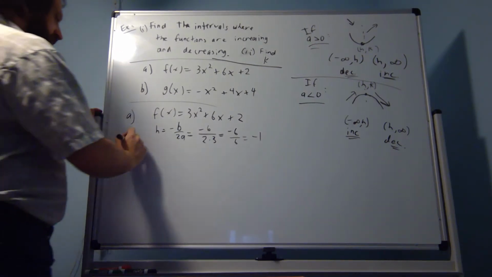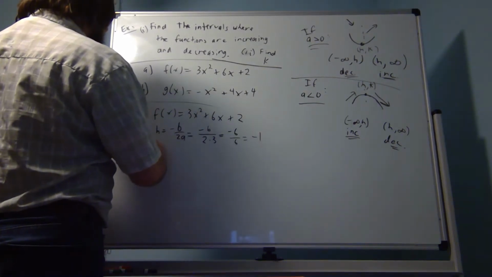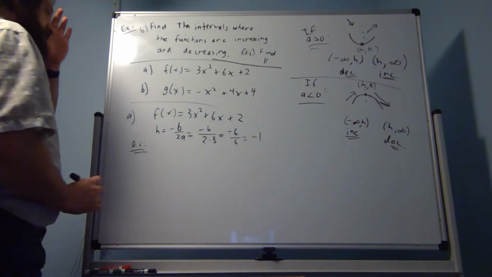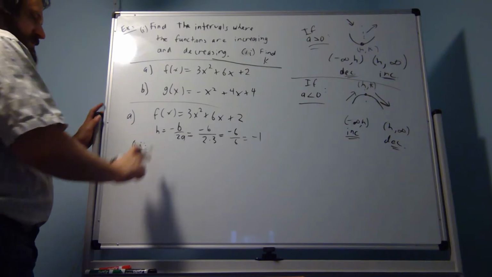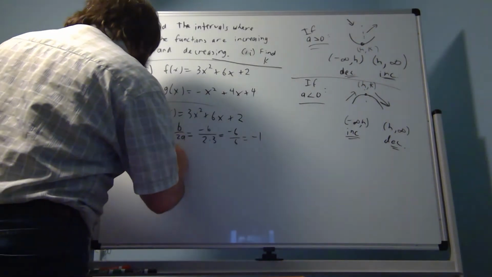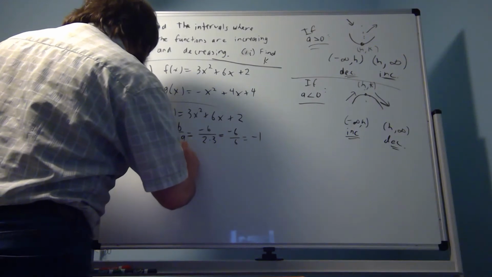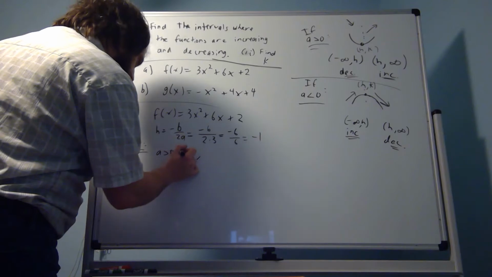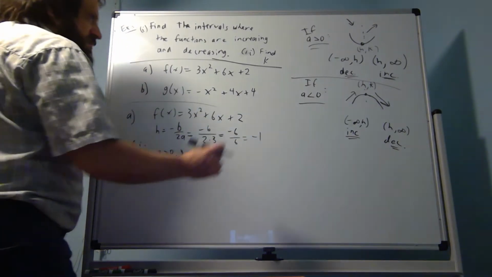For question number 1, that's kind of all we need to know. We know that a is bigger than 0, so it's opening upward. So what happens if it opens upward?